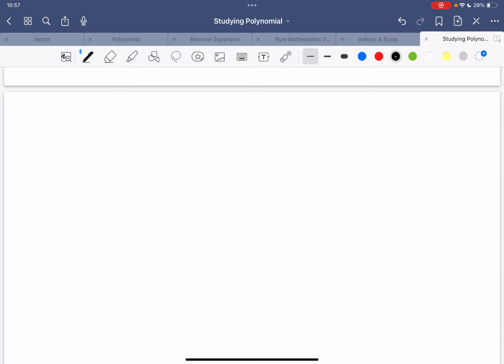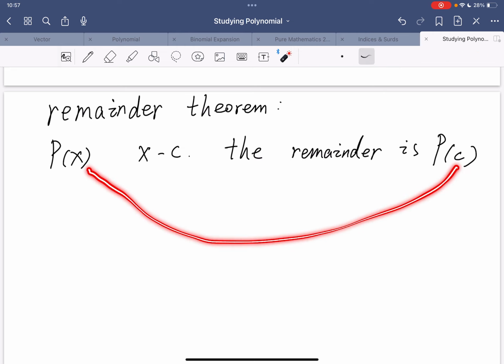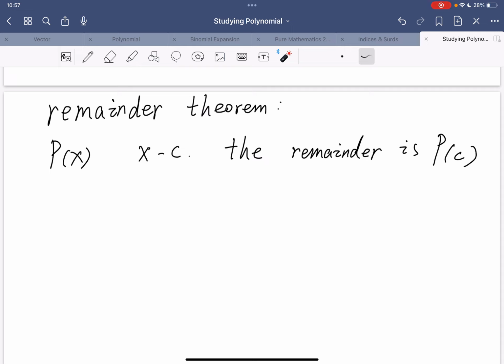So when there is a remainder, still, for a polynomial p(x), when it's divided by x minus c, the remainder is p(c). Okay, bring the value of c in for each x in the expression.